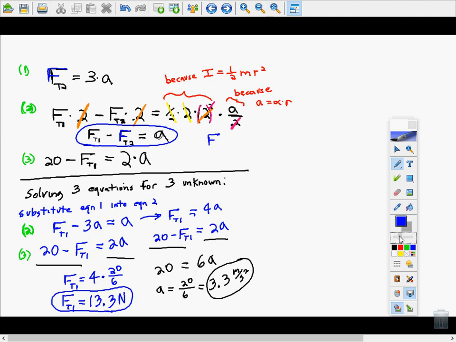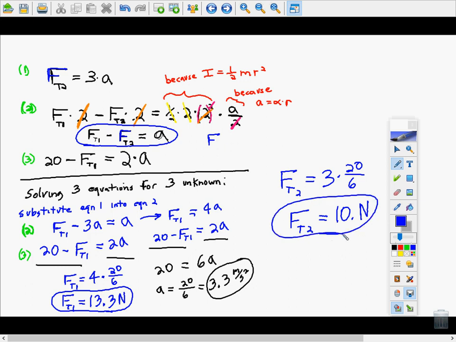So now ft2 equals 3 times a, but again, I'll use the 20 over 6, the non-simplified version. So what does ft2 end up equaling? Yeah. Looks like we made it. Woo! Yeah. Did it. We did it.